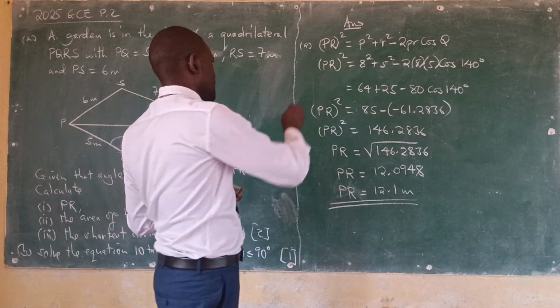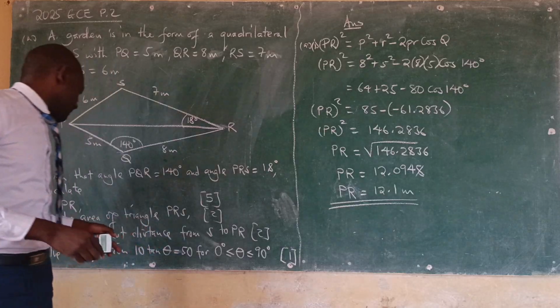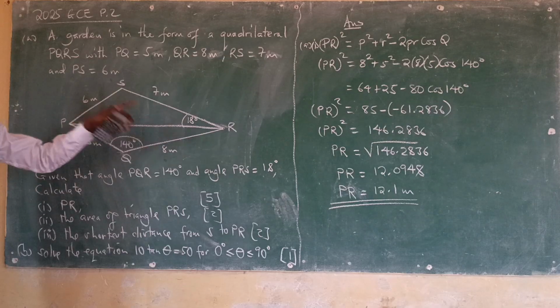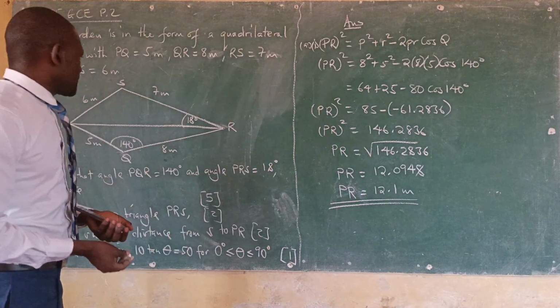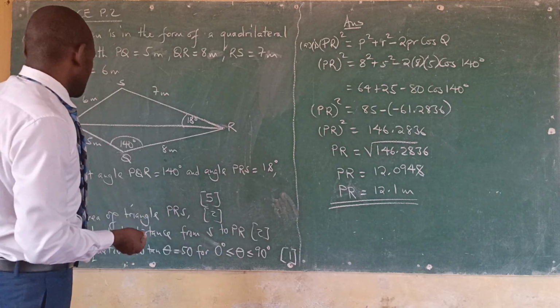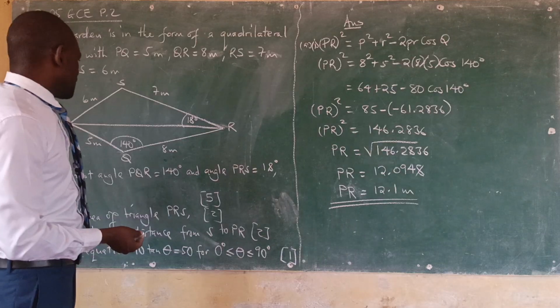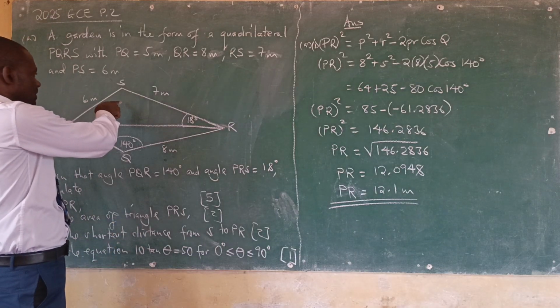Then if this is A1, right? If we look at A2, it's saying we find the area of the triangle PRS, this one, which is on top. So to find that area, let's see. We need to get, first of all, we need to get the angle.